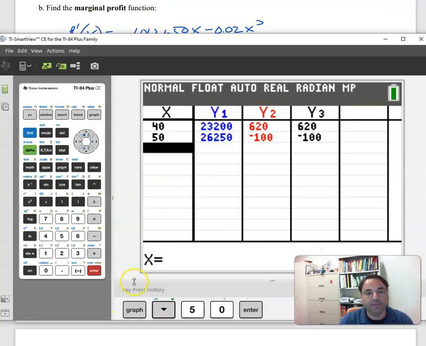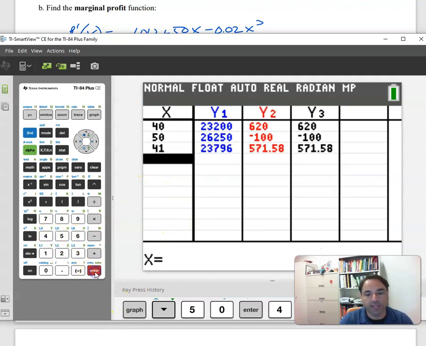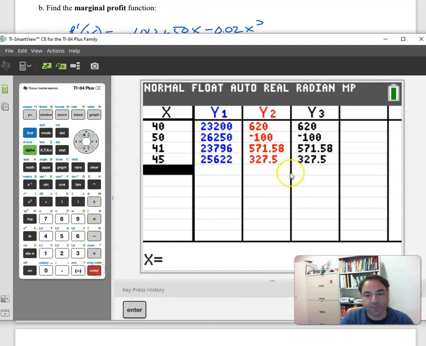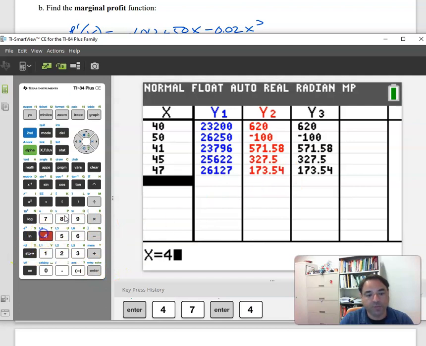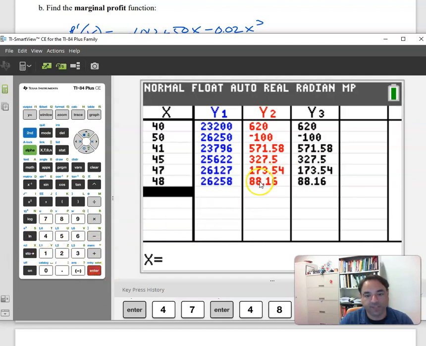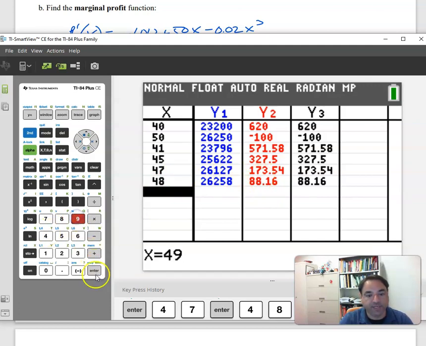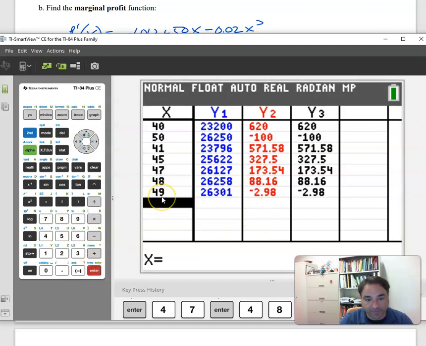Now, we're going to add to it a little bit and ask, when should I have stopped? If we look at it, 40, add more. 41, add more. Marginal profit is positive. So let's jump to 45. Still positive. 47, still positive. 48, positive. Okay, now let's talk about this. At 48, should we hire another employee? Yes, profit goes up. At 49, should I have another employee?